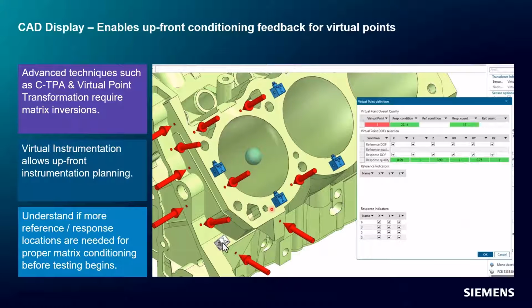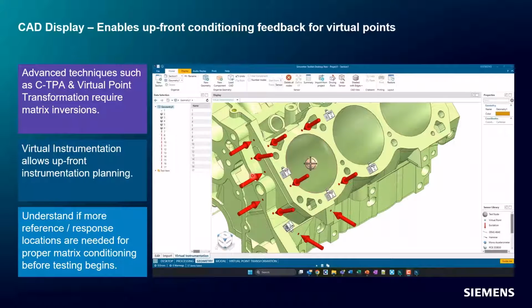When you're laying something like that out, it's really important to know whether you have enough references or inputs, the red arrows here, and enough responses, the accelerometers. Do I have enough unique locations, offsets, directions, etc., to fully define this virtual point out in space here in 6 degrees of freedom?